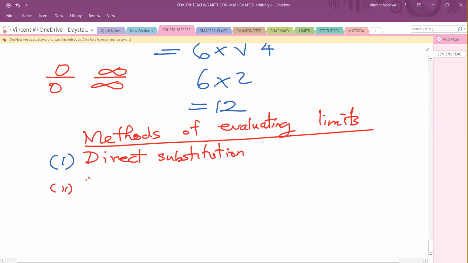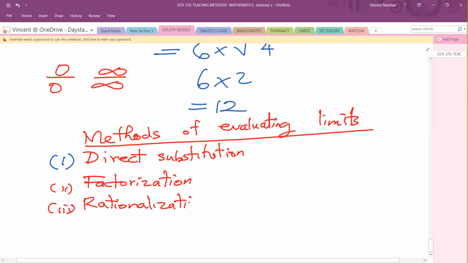Sasa ingine ni factorization. Ingine ni rationalization. Ingine ni what we call L'Hopital's rule.